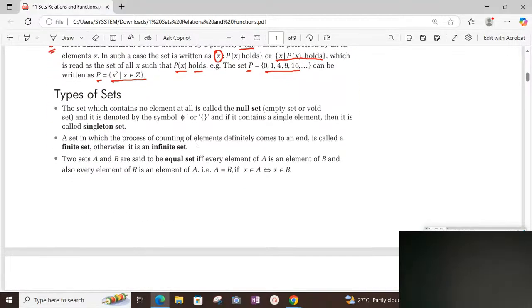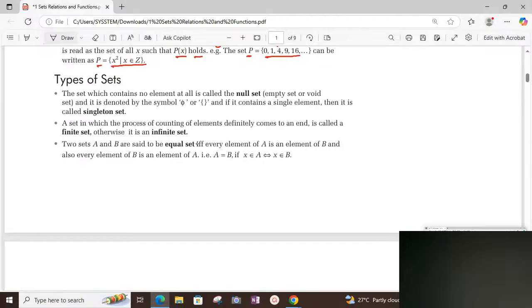Now see the types of sets. This is also one of the most important subtopics of sets, relations and functions. First, the null set, classified by the number of elements present in the set. Other names of the null set are empty set and void set.